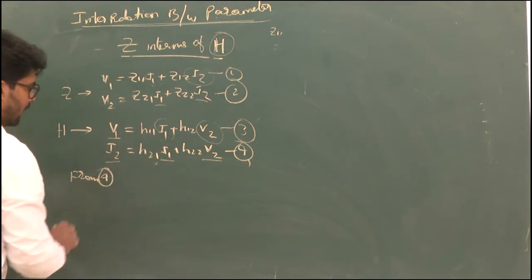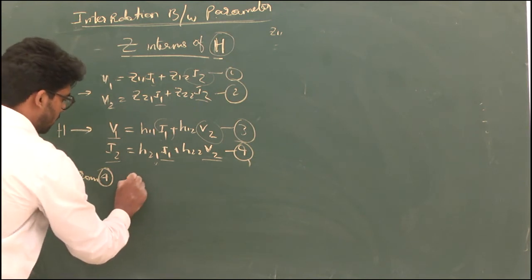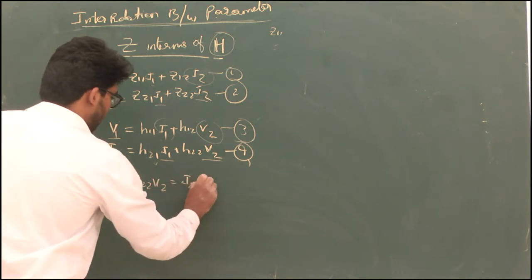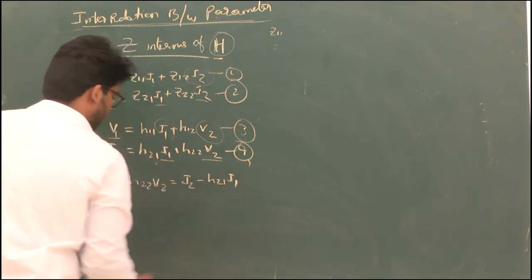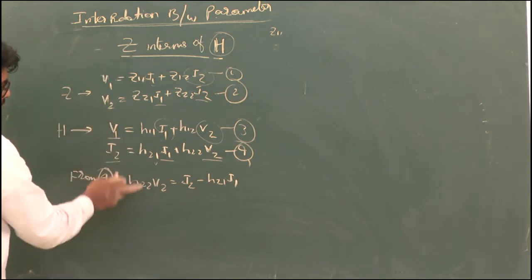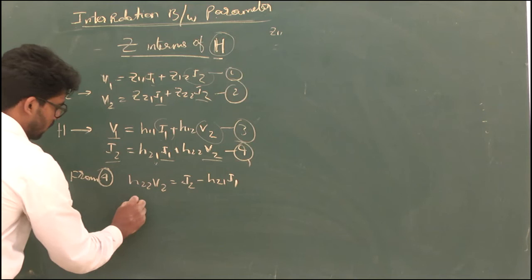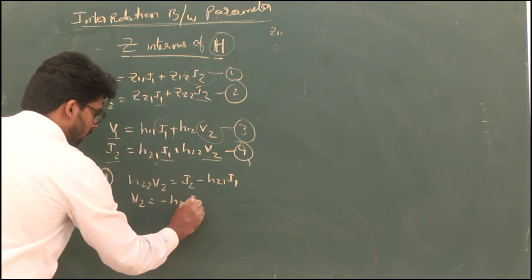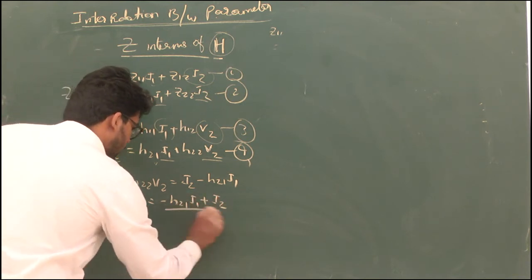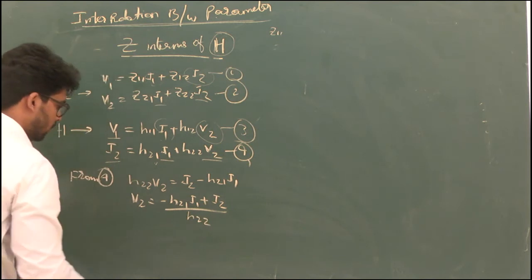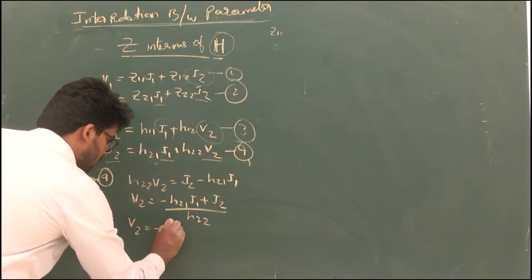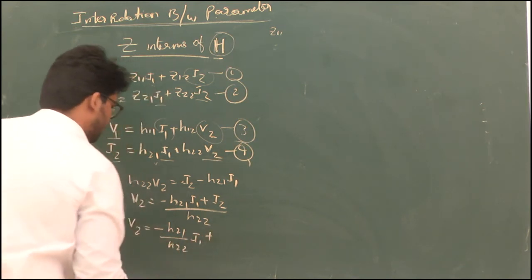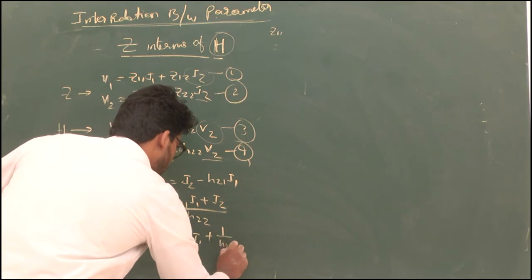From 4 we can extract V2 as: H22 V2 equal to I2 minus H21 I1. Our aim is to get this in the form of equation 2. Therefore V2 equal to minus H21 I1 plus I2, divided by H22. So V2 equal to minus H21 by H22 I1 plus 1 by H22 I2.